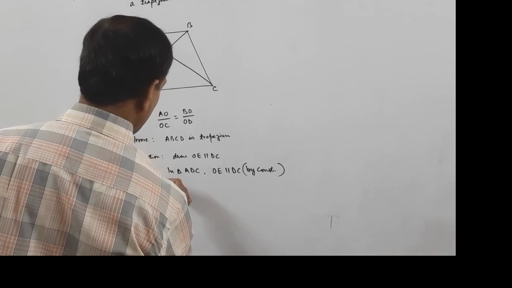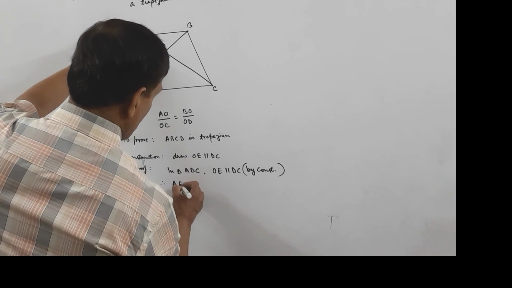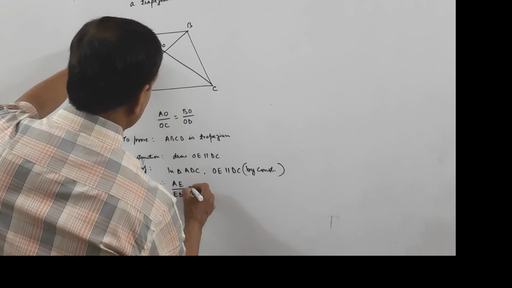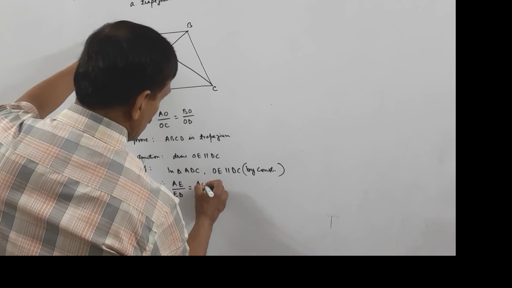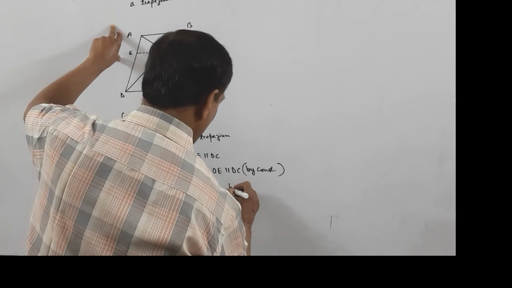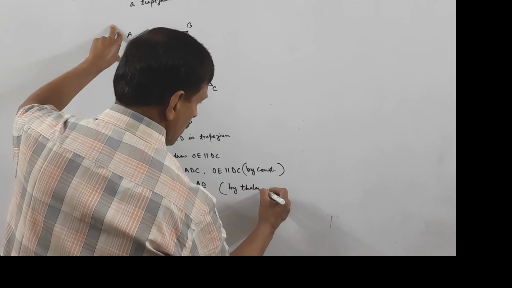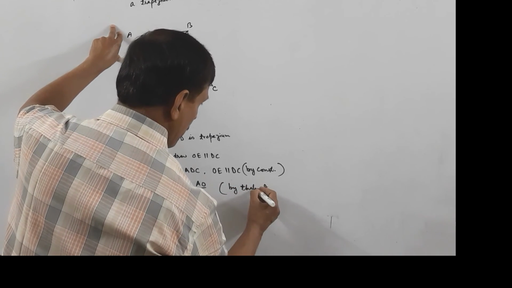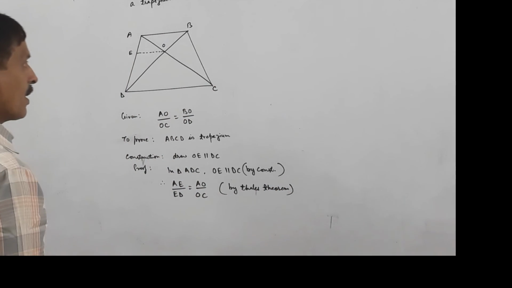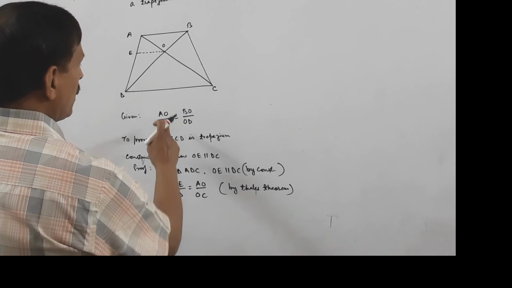Therefore, AE upon ED is equal to AO upon OC by Thales theorem. But we are given that BO upon OD is equal to AO upon OC.